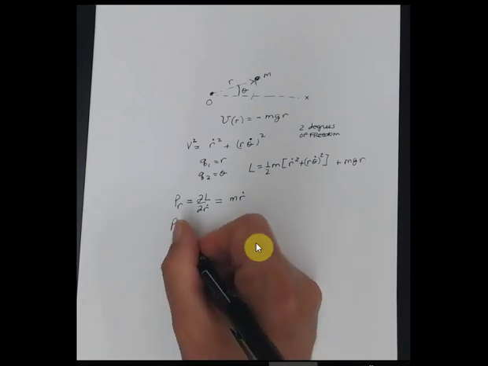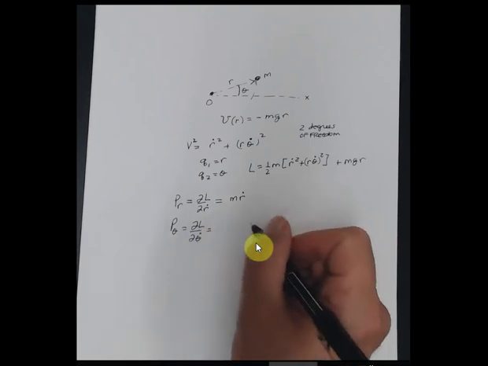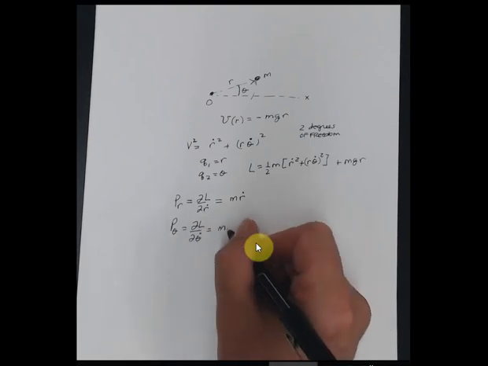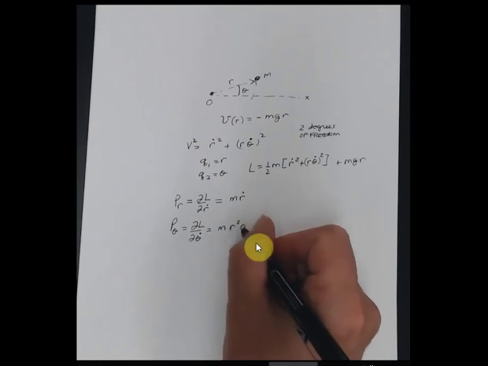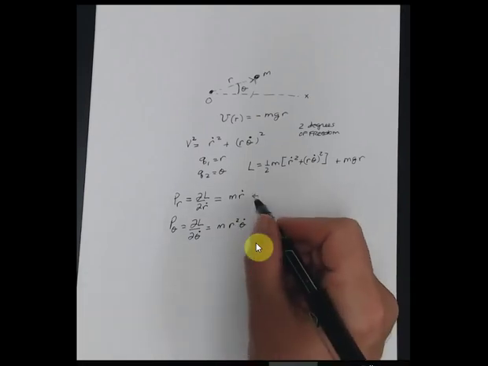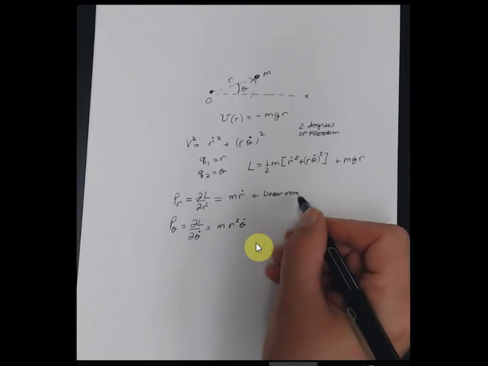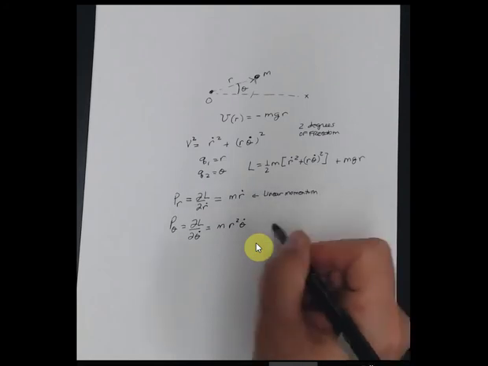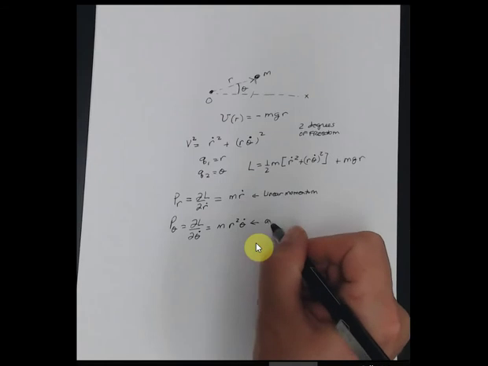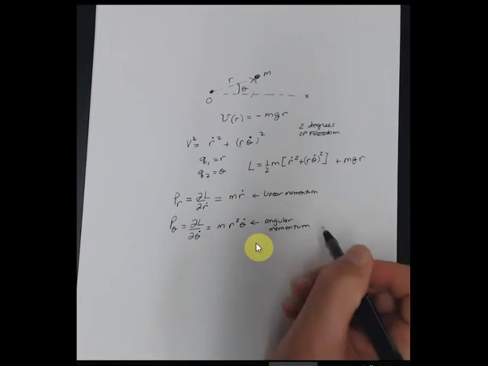And then we have p theta, which would be dL/d theta dot. It looks like you're going to get m r squared theta dot. So this is a linear momentum, what we know as a linear momentum, and this is an angular momentum. Both are generalized momenta.